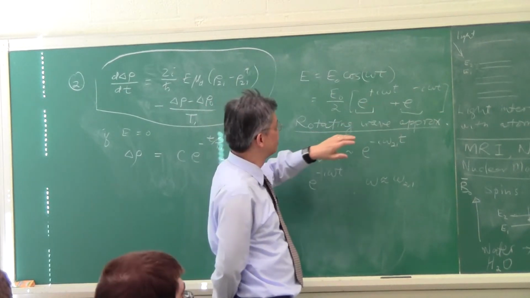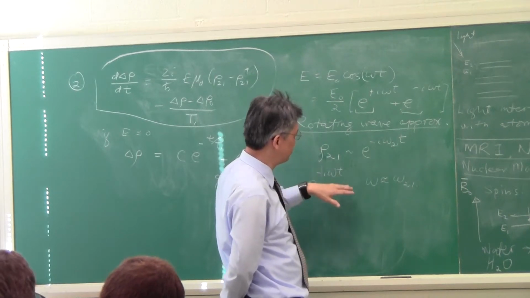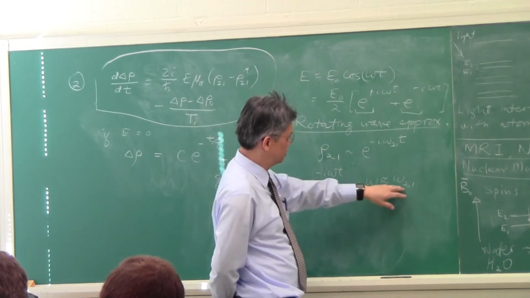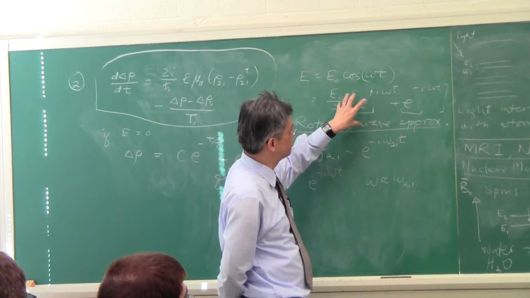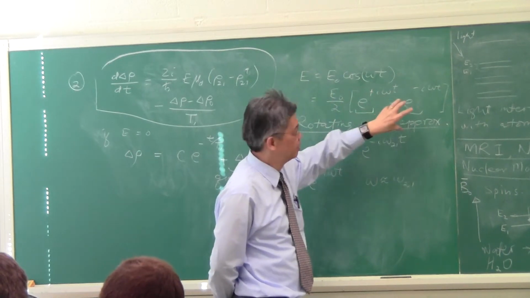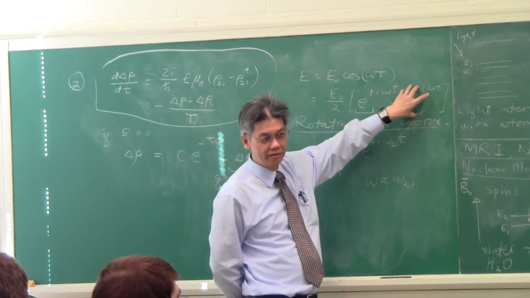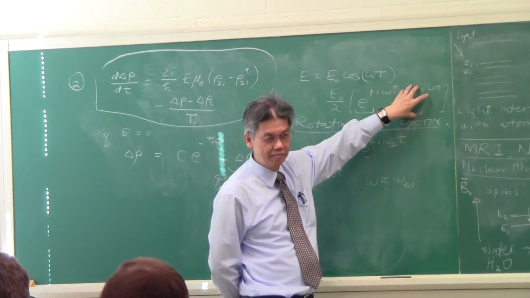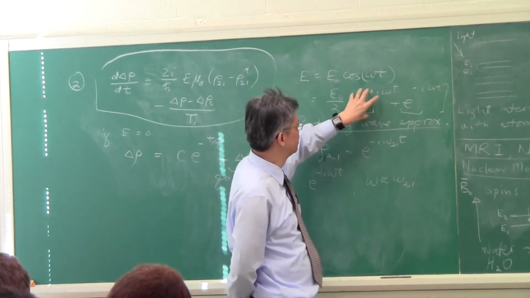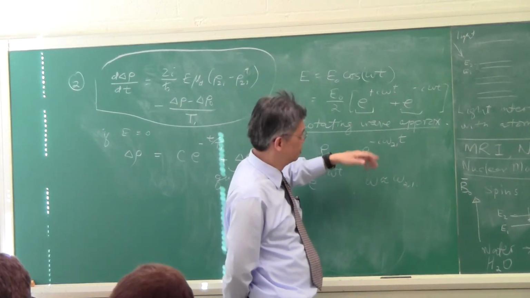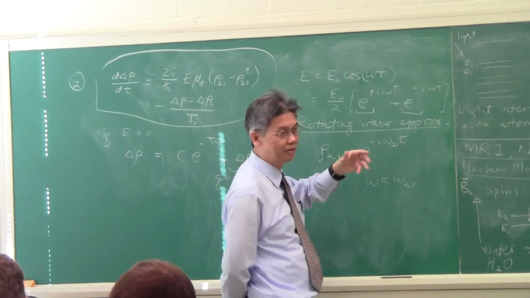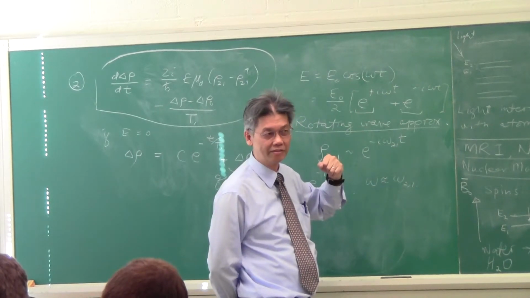You can think of the system as having a pole. The pole is close to omega 2,1. If you drive the system with two frequencies, this one, if it's close to the resonant frequency, will predominantly be the driving term. This one would drive some response for the system, but the response is small because it did not hit the resonance.